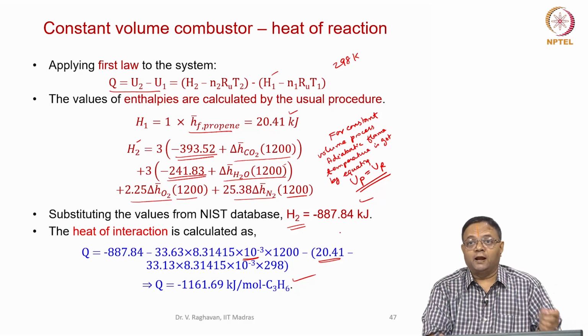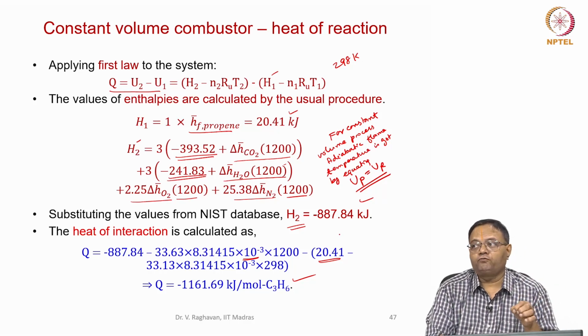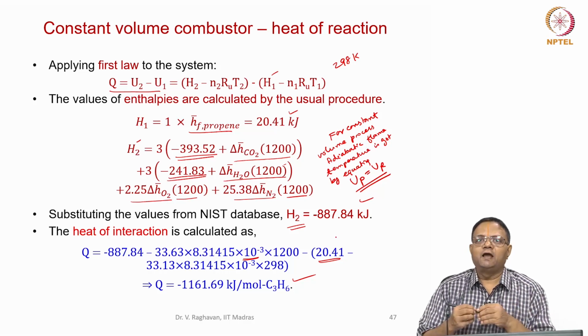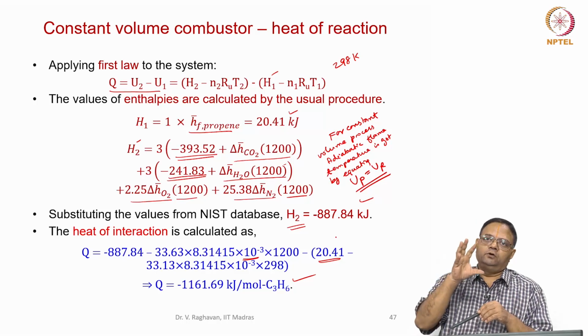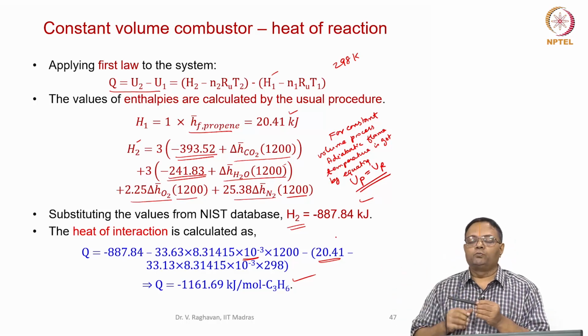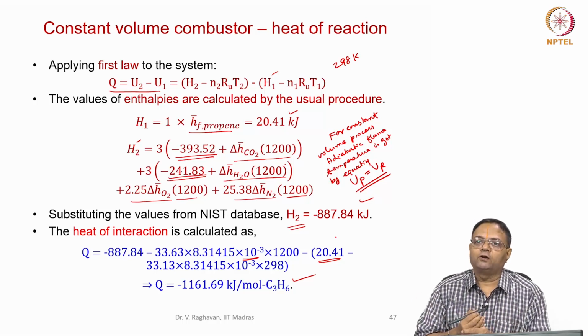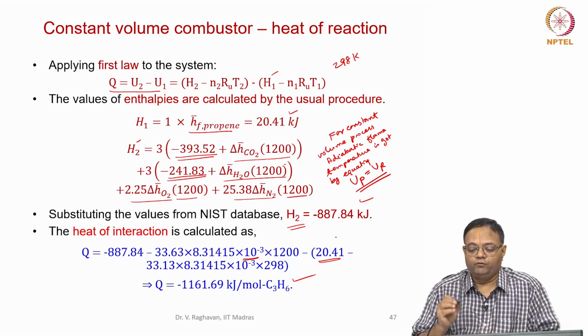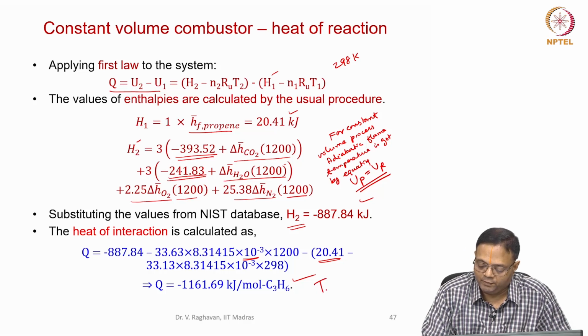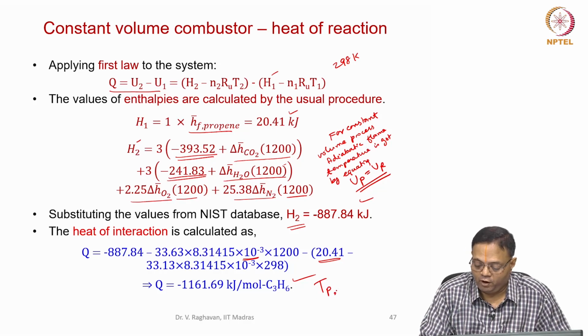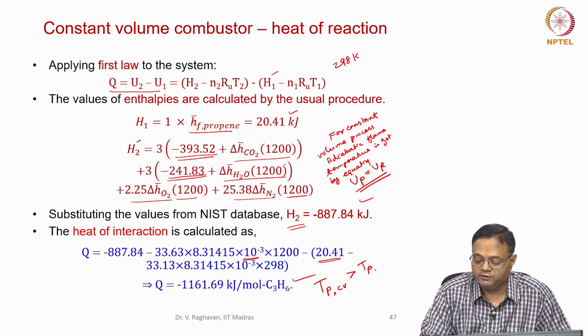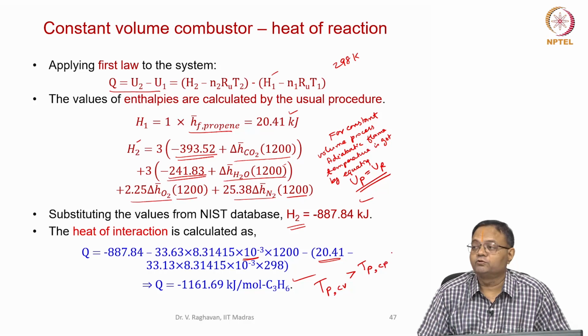Now, the adiabatic flame temperature is got from a constant pressure process. You have the same reactants in a constant pressure process and a constant volume process. When you insulate these two and calculate the adiabatic flame temperature, you will find that Tp for the constant volume process will be greater than Tp for the constant pressure process.